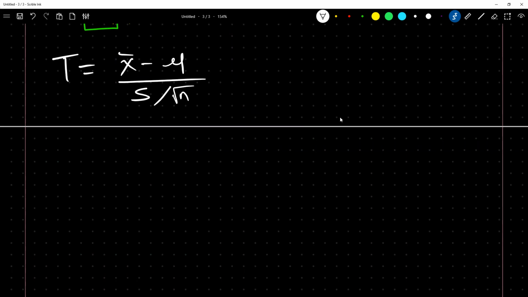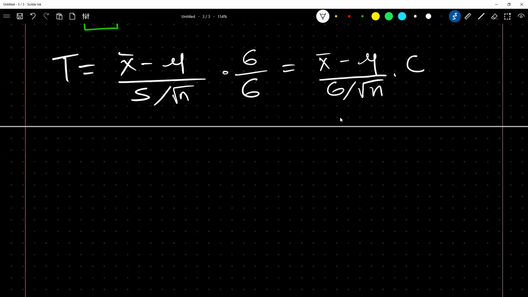Okay, so we start by simply multiplying this by 1 in the form of sigma over sigma. Now that we've done that, we're going to swap out in the denominator, sigma with the sample standard deviation. And so now I have this expression. The next thing I'm going to do is note that this can be written as 1 over the reciprocal of that.